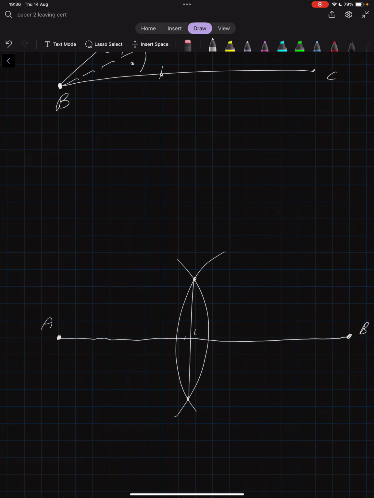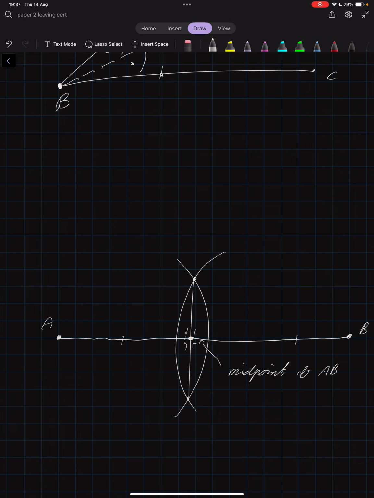And so now this line here is going to be a perpendicular bisector. So it's perpendicular because it's at right angles, and it's a bisector because it cuts the line in half. And this point here is the midpoint. The midpoint of AB. Okay?